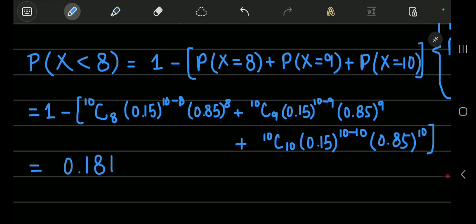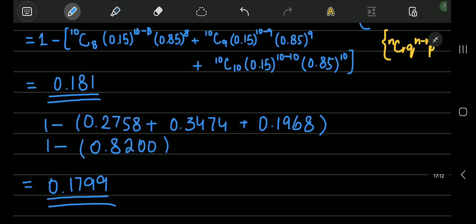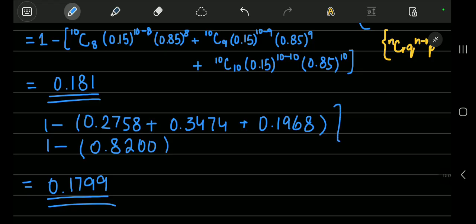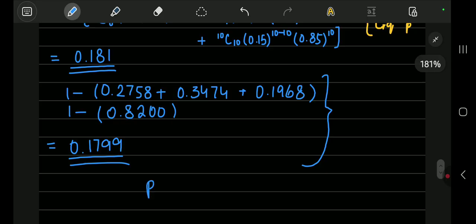Okay, you can do your calculation more precisely. Let's check it once more. Let me check my calculation also. When I recalculated it, my answer is coming to be 0.1799. Also in your marking scheme, the valid range is given to be 0.1795 to less than or equal to 0.180.